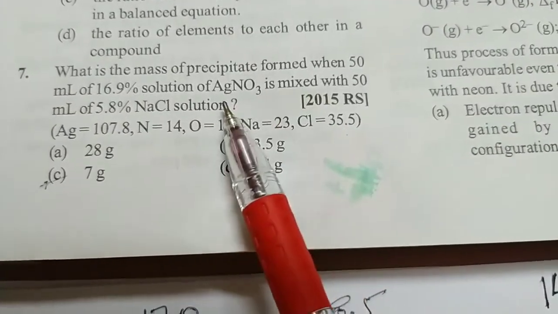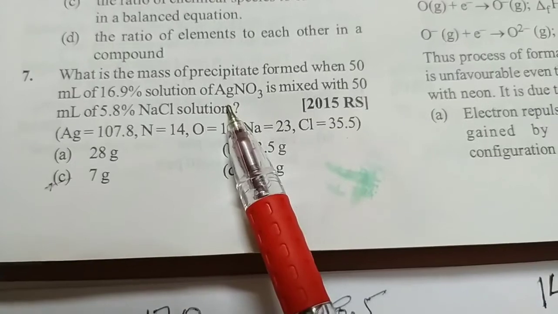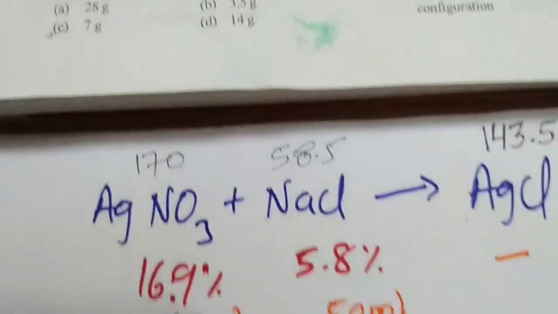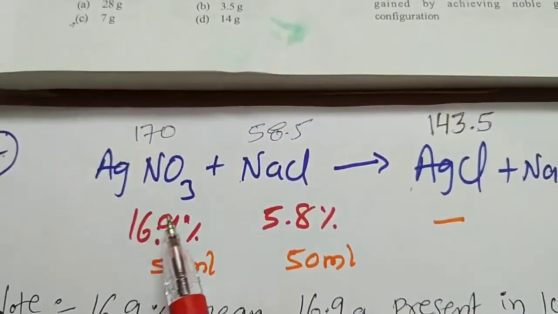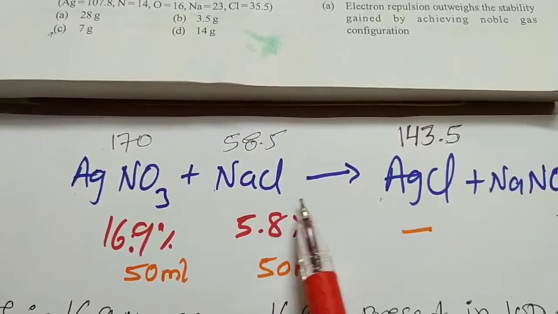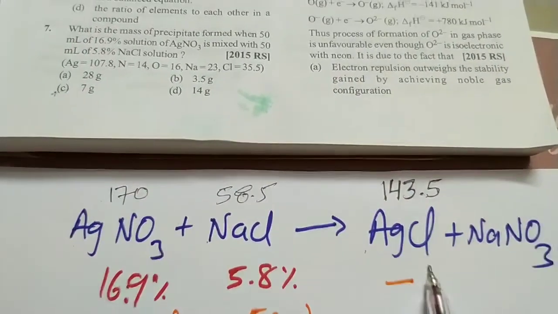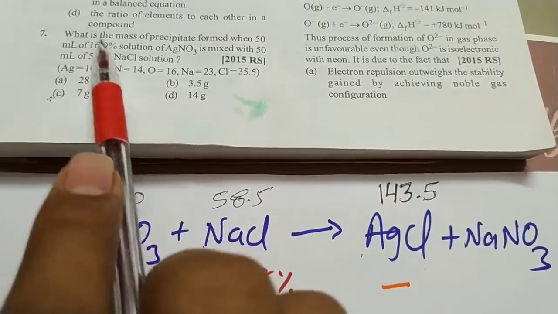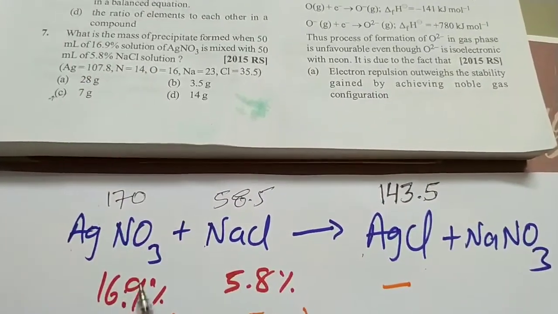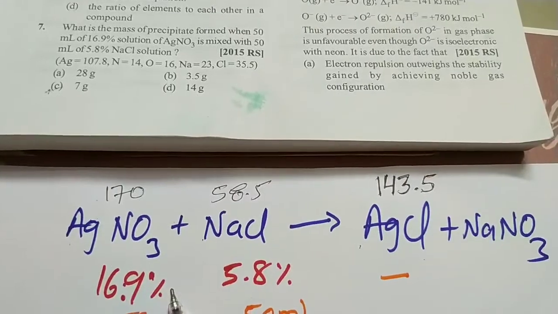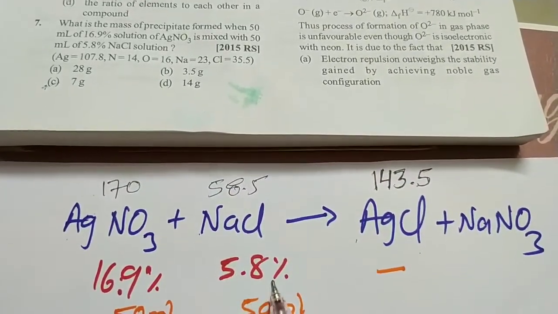Now write the balanced equation. See, AgNO3 plus NaCl gives rise to AgCl plus NaNO3. This is the equation. See the question also. The given values are 16.9% and 5.8%.